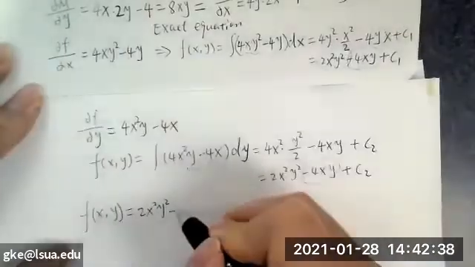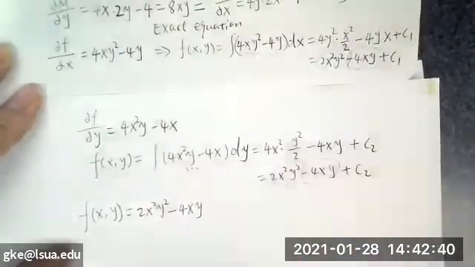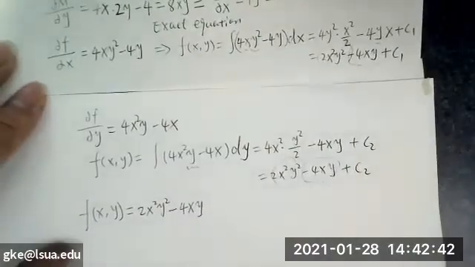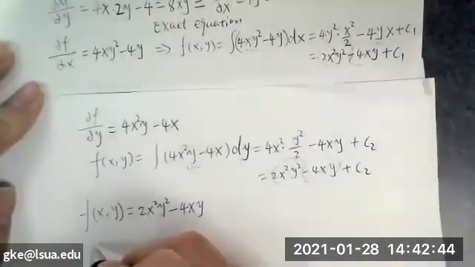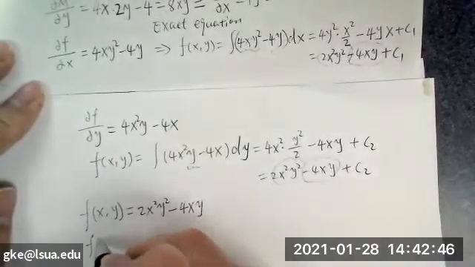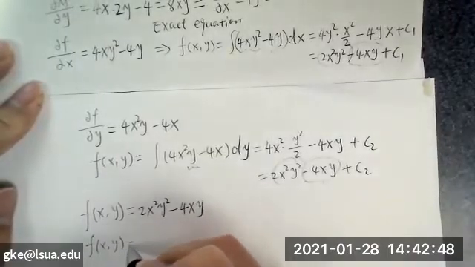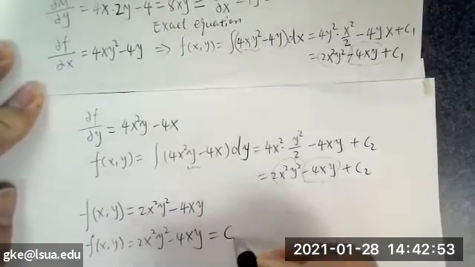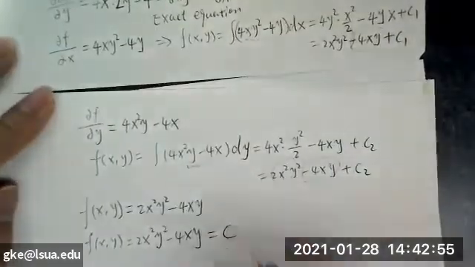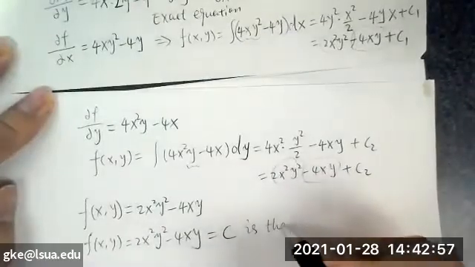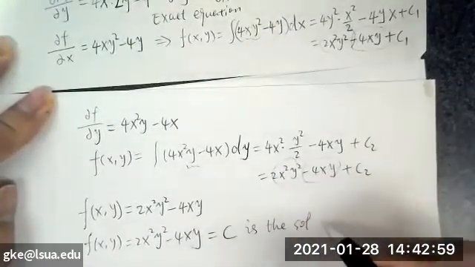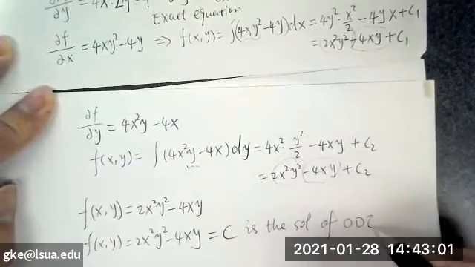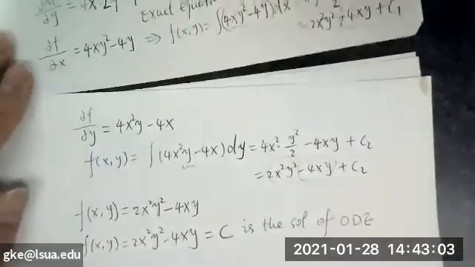If there's a repetition, just pick one. We got this one, and we can say that f(x,y) equals C is the solution of the ODE. That's it.